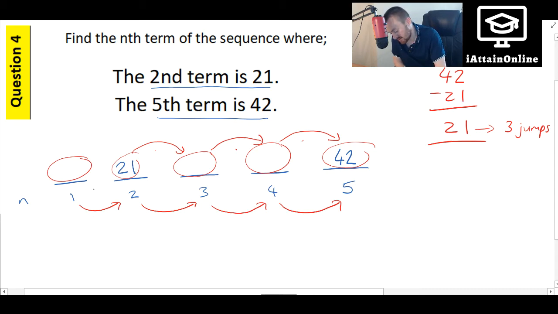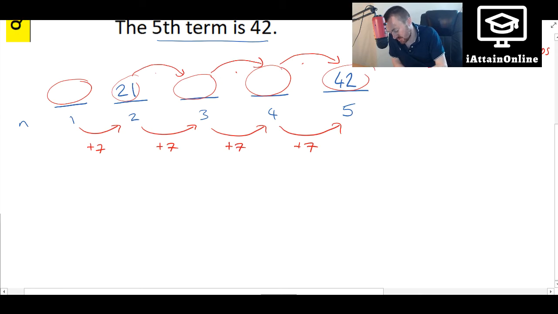That tells me that each time to get from one term to the next, I will be adding 7, and this will be the same each time. So now all I'm going to do is write out my 7 times table. Again, making sure I line them up. 7, 14, 21, 28, and 35.